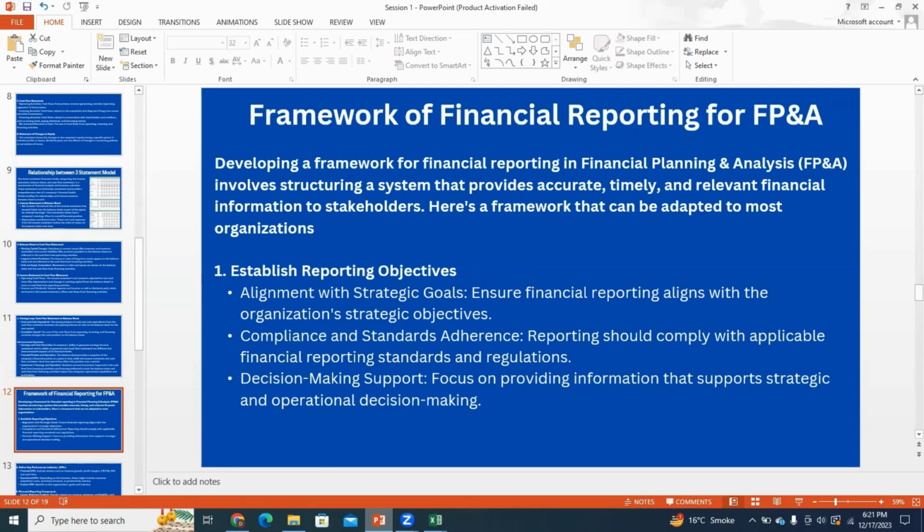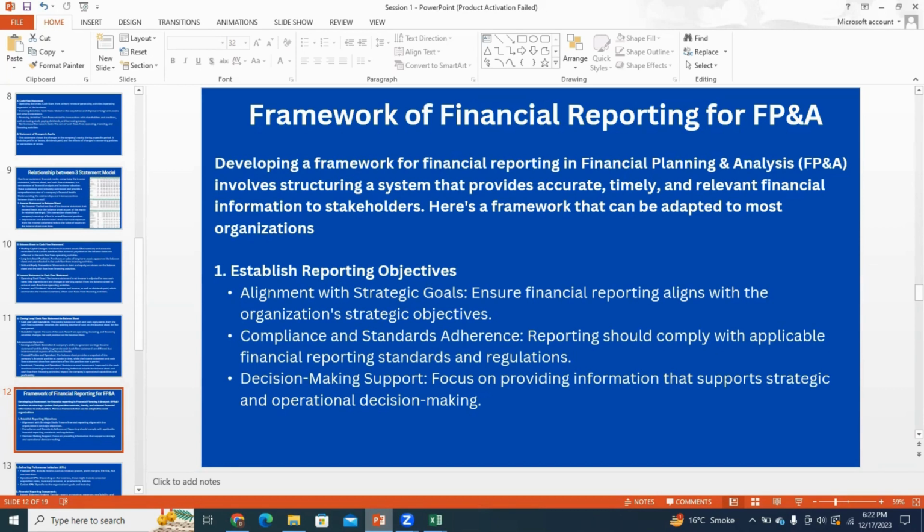Ensure financial reporting aligns with the organization's strategic objectives. What are the objectives of the organization? How have those objectives to be met? The different questions, the W's, what, why, when, all have to be interconnected to get a strategic goal, and to see that the financial reporting works for the financial analysis.